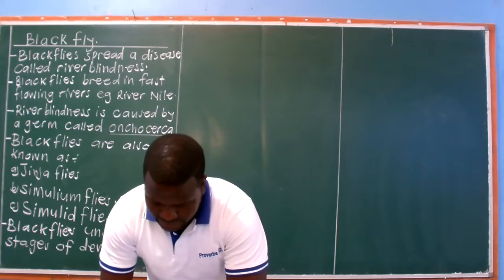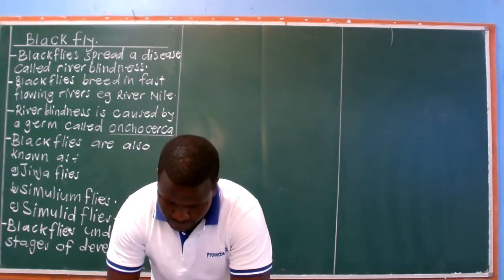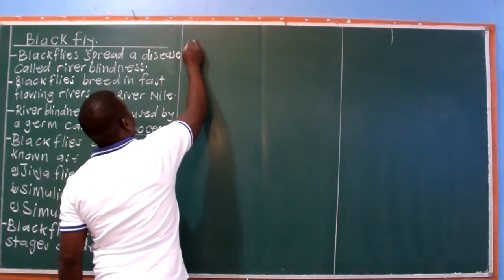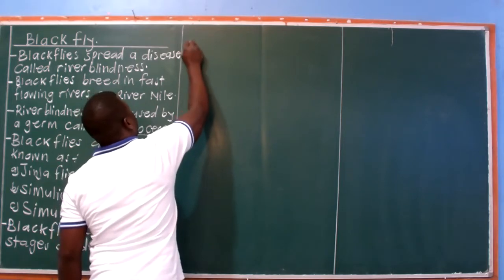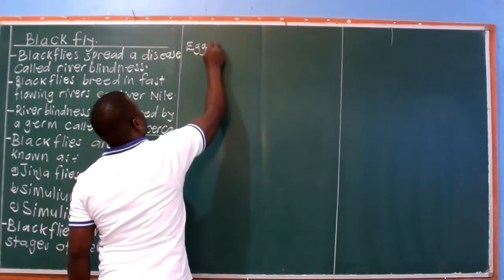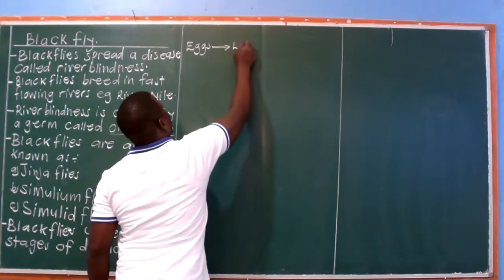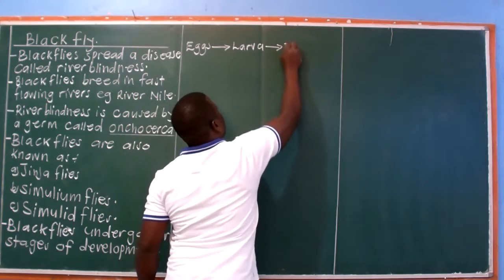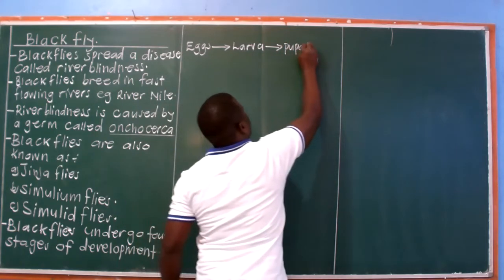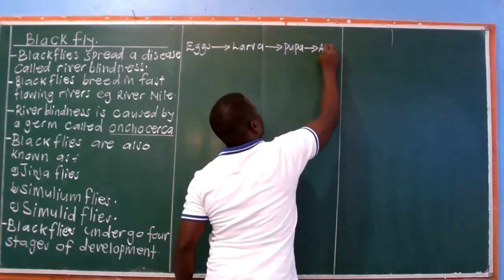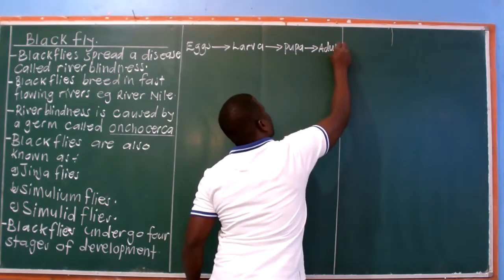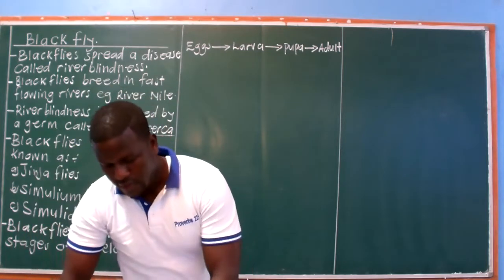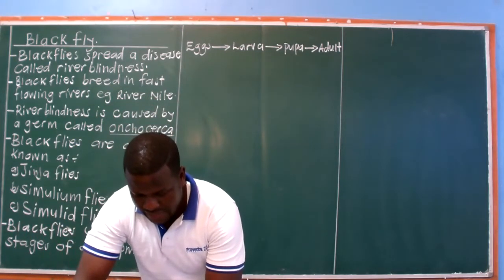So before we move on, we can say the 4 stages are eggs, larva, pupa, and then adult. So these are the 4 stages of development that a black fly undergoes.